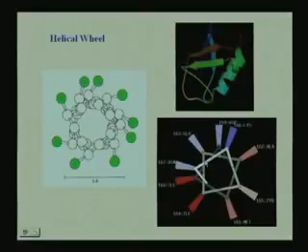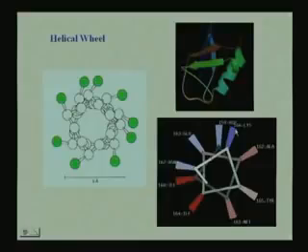This is an example of a typical helical wheel that you could construct, and you will also have to construct one, where we are looking down the helix here, and the ones that are in blue are hydrophilic in nature. How can you say that? I have asparagine here, glutamic acid here, aspartic acid here, and lysine here.